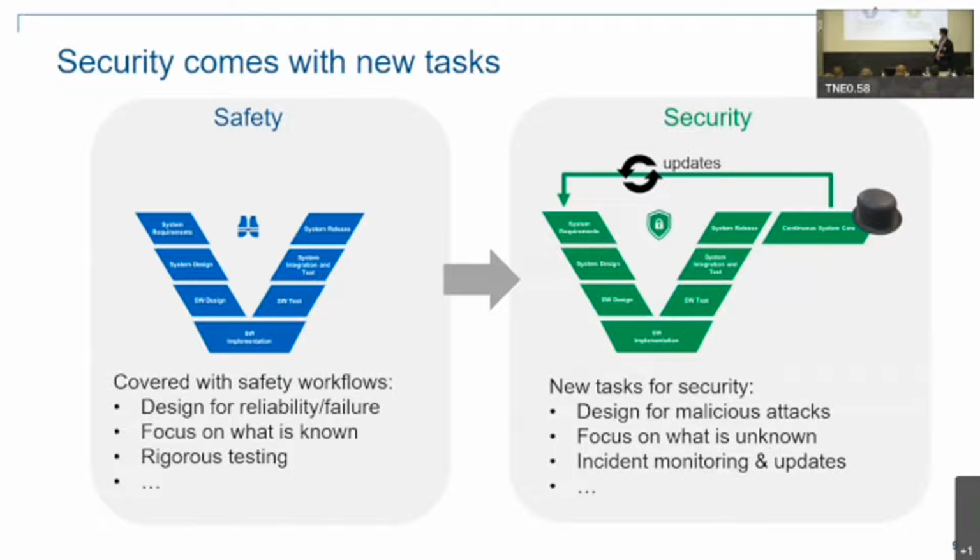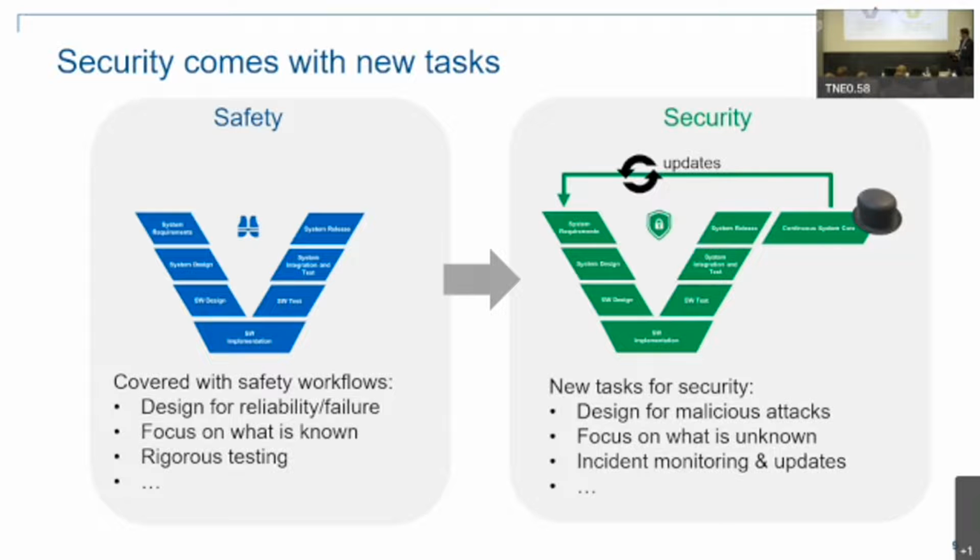When it comes to security, here we have to design the system so that it can resist malicious attacks. So that's where we have to do static analysis, for example. And also we have to cover the unknowns. As you have seen in the example before, there are use cases when an attacker will enter the system. You don't know what will happen within the system. So that's why we have to handle this part.